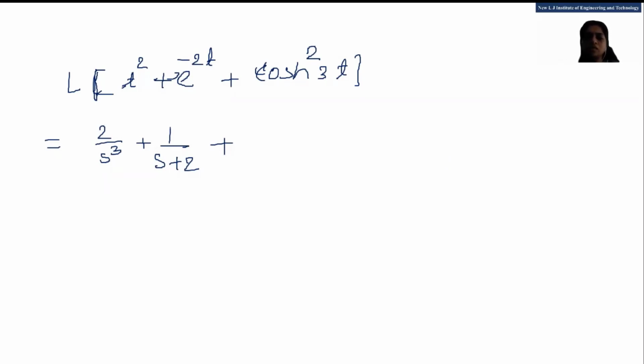See, what is the formula we apply here? We apply Laplace of 1 plus cos hyperbolic 6t by 2.